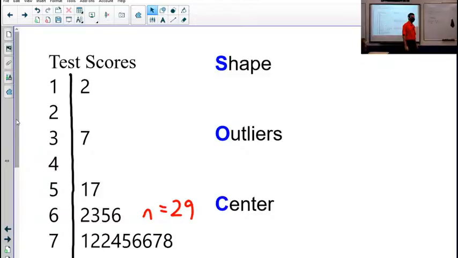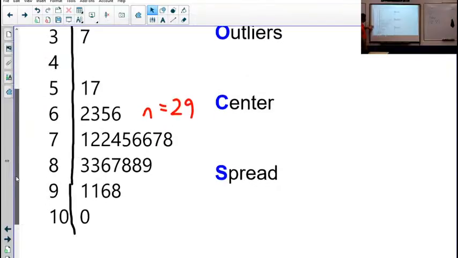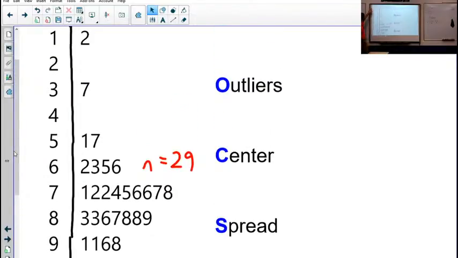Shape. Is this symmetric or skewed? It's skewed. In which direction is it skewed? I'm going to do something fancy. I'm going to take this, and I'm going to turn it.